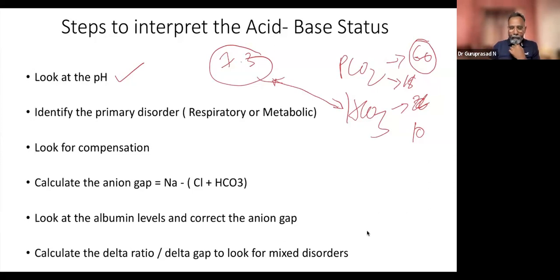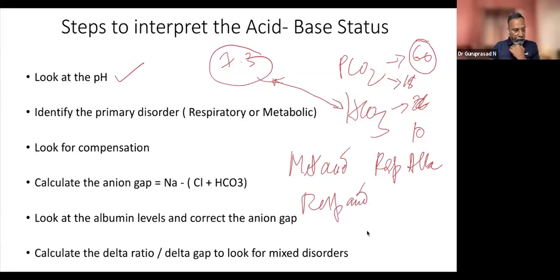So if there is a metabolic acidosis, the compensation will be respiratory alkalosis, and if it is a respiratory acidosis, it will be a metabolic alkalosis. So it will go in opposite directions. That is how the body, being electrically neutral, tries to compensate for the disorders.